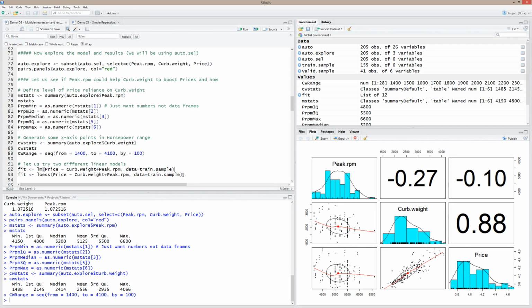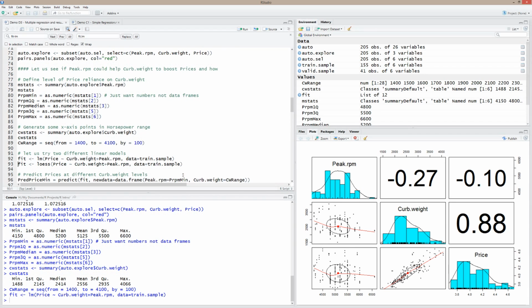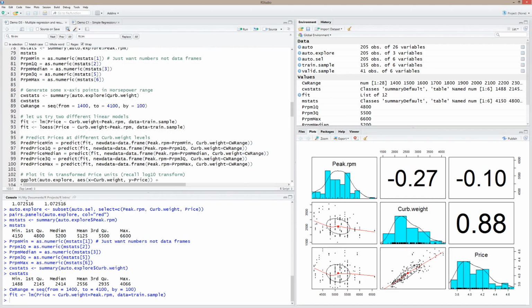Let's recall and let's create the first fit. I'm not going to do the second one. And let's predict the values for different specific values selected for the peak RPM, while varying the remaining 2 variables.